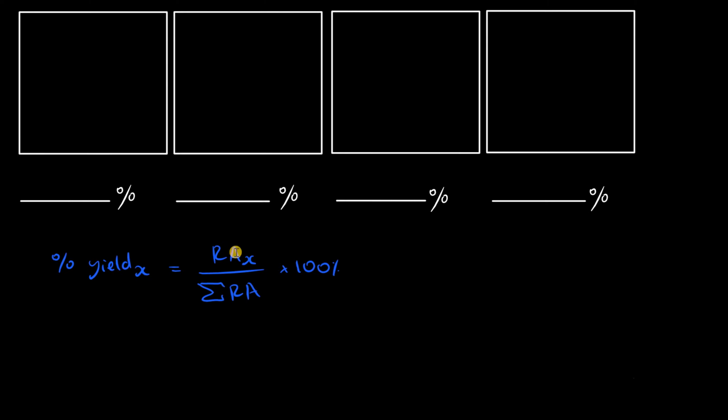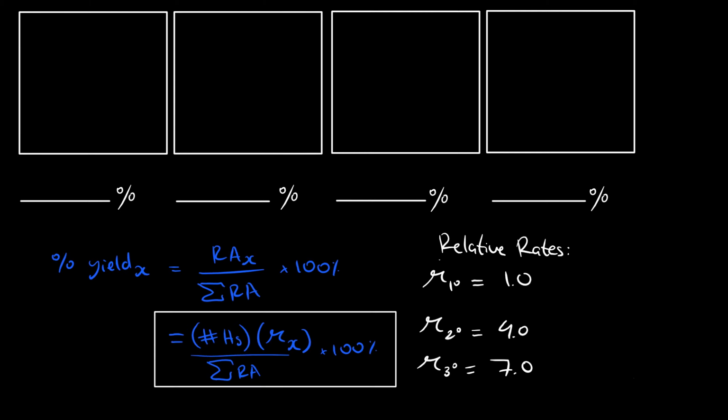Now we said the relative amount of the formation of a particular alkyl halide depends on two factors: the number of hydrogens that can be abstracted and the relative rate, which is given. If we divide that by sigma Ra and multiply by 100%, we get the percent yield. So from this simple derivation, we know that the relative amount of a particular product depends on the abstraction of hydrogens and the rate of formation.